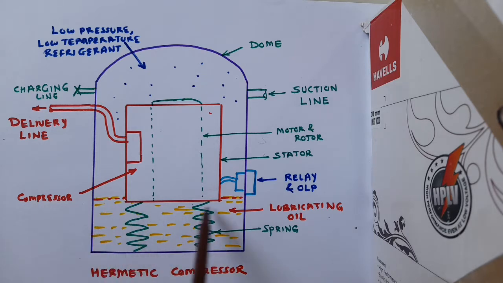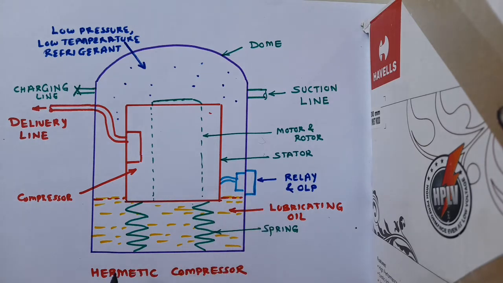Now at the bottom of the shell there is lubricating oil which helps in lubricating the various parts of the compressor. So when the motor runs, some lubricating oil gets splashed inside the motor and it lubricates the various parts of the compressor.